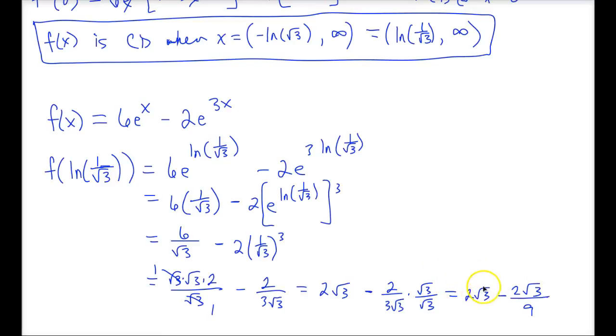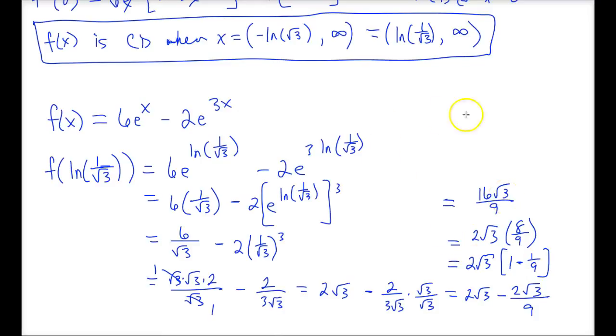And we have, if we can factor out the 2 times square root of 3, that would just be 1 minus 1/9, which would just be 8/9 there. And so all that will just simplify to 16 times square root of 3 over 9.